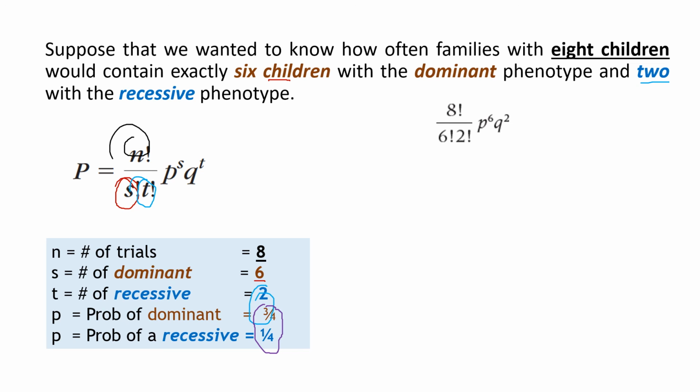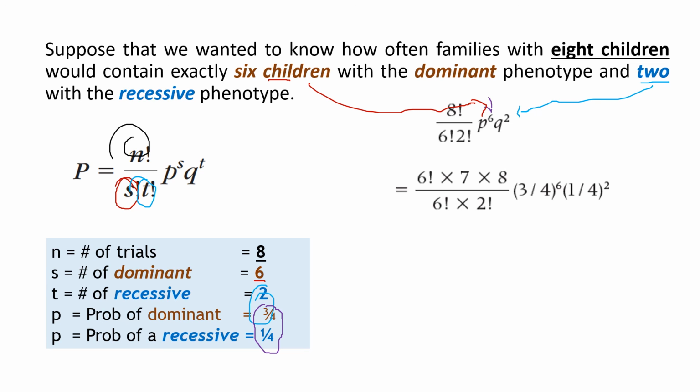And remember, the 6 comes from the 6 children. Here the 2 comes from these 2 from here. So now you start solving the equation and you're going to get this probability, which is 0.3.